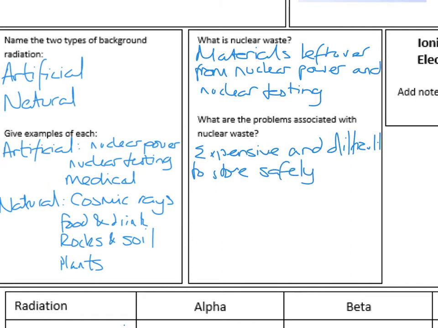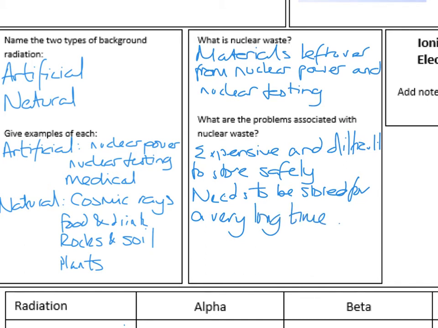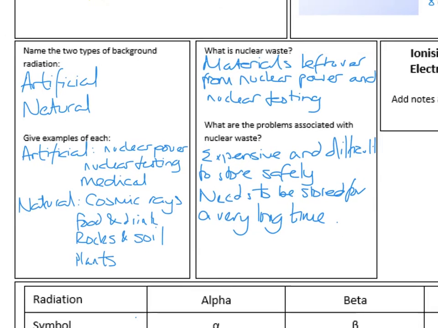We need to avoid that they're going to leak, they're not going to be able to be stolen. We got to store them for a very long time as well, okay? So the half-life of depleted uranium is thousands and thousands of years, okay?